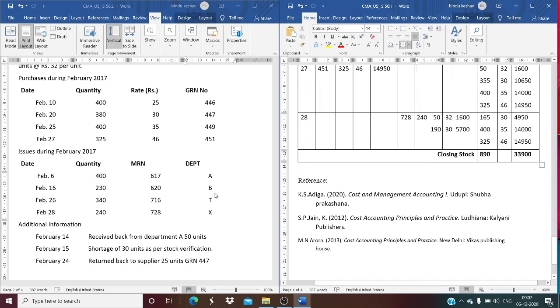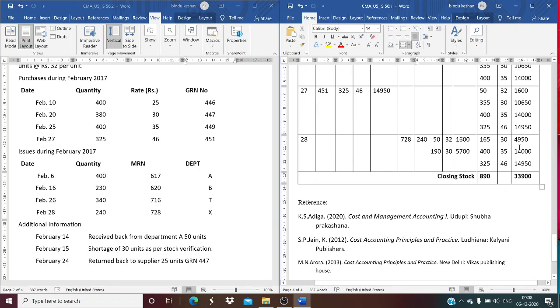Now on 28th February 240 units are issued and the MR number is 728. So MR number 728, 240 units are issued. So it has to be issued from the first lot, entire first lot 50 units, and from the second lot of 355, 190 units will be issued. Together it will be 240 units.